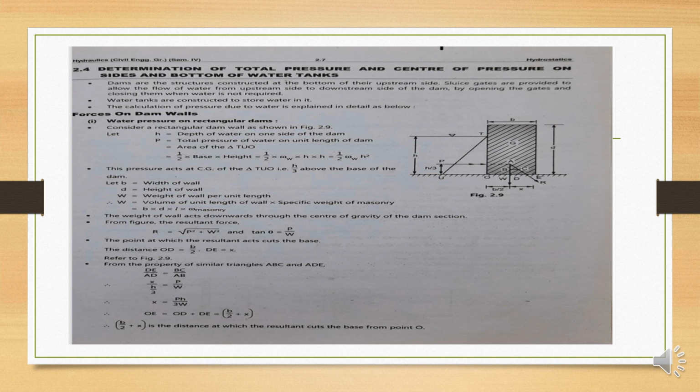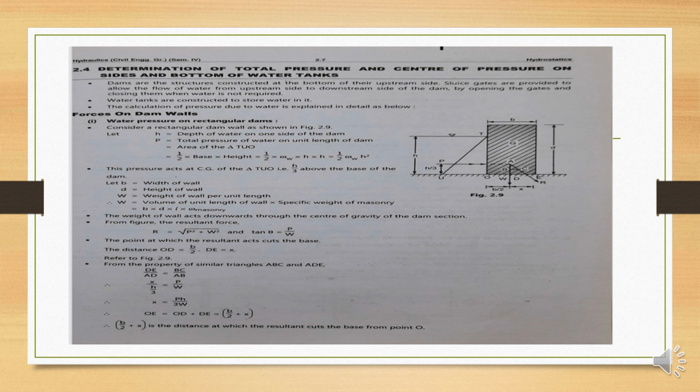Okay, which is the area of triangle TUO, which is half into base into height. Area of a triangle is half into base into height. Here half into base, where the base is omega into h, and the height is again h.